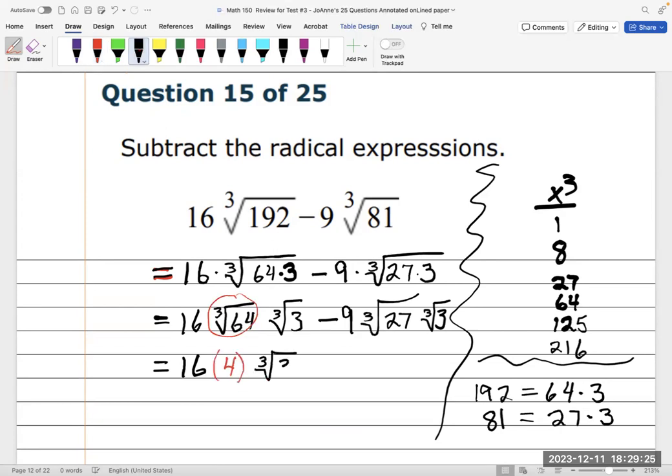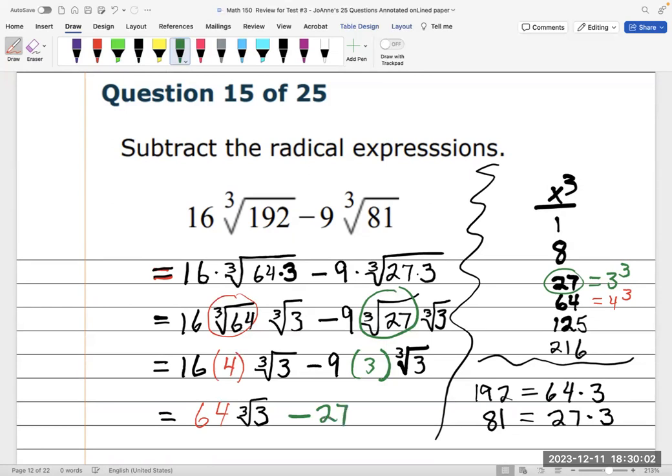Still times the cubed root of 3 minus 9 times the cubed root of 27, which is 3, times your cubed root of 3 at the end. 16 times 4 becomes 64 times the cubed root of 3. 9 times 3 is 27 times the cubed root of 3.